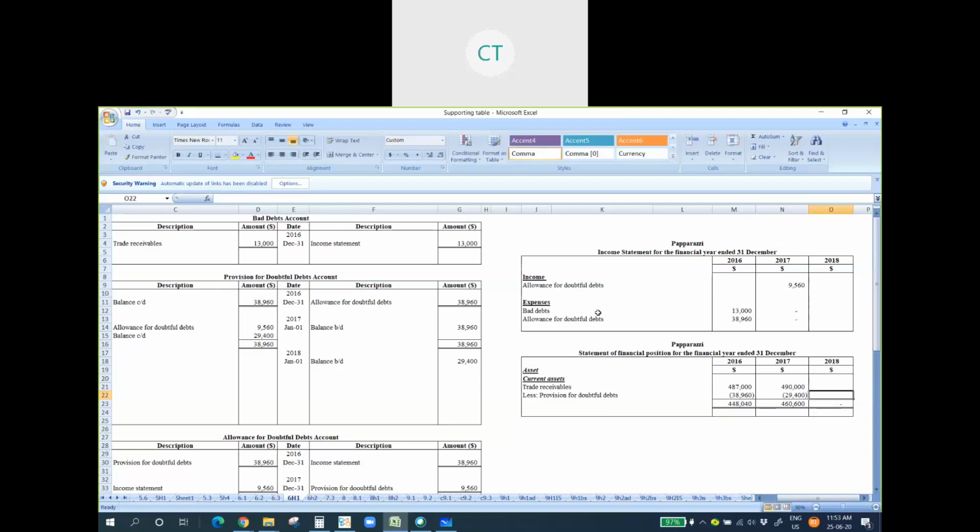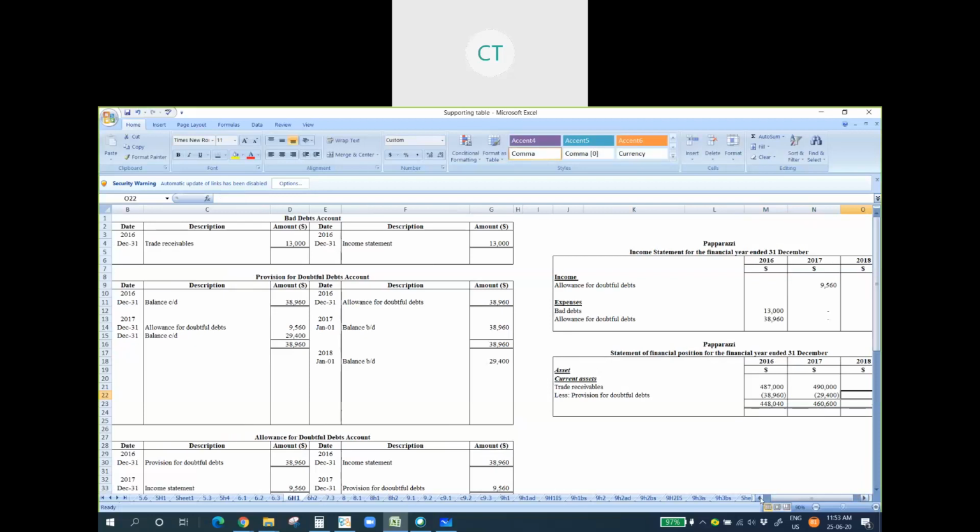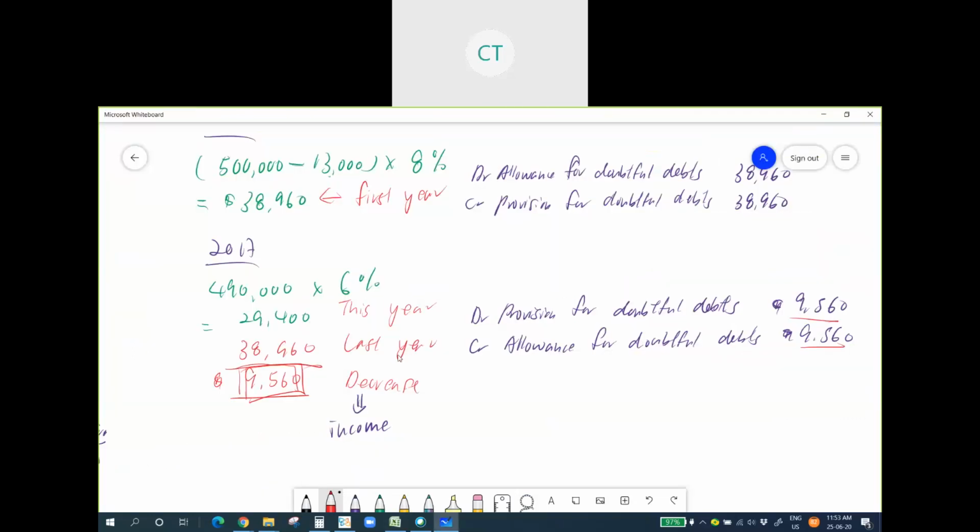So class, let me come back to here. Why can we only record the difference? Imagine if you changed this amount to 29400, your balancing amount will be wrong. Because based on the computation here, this 29400 must be the amount that appears in your statement of financial position.